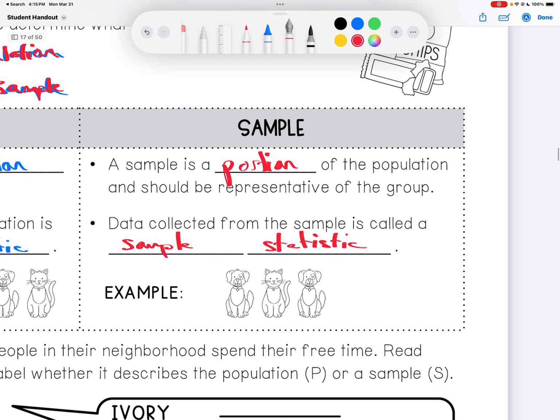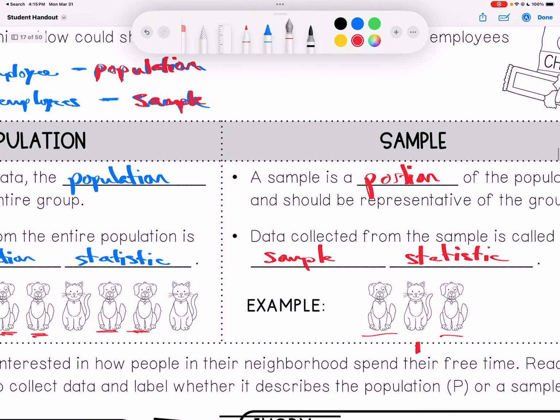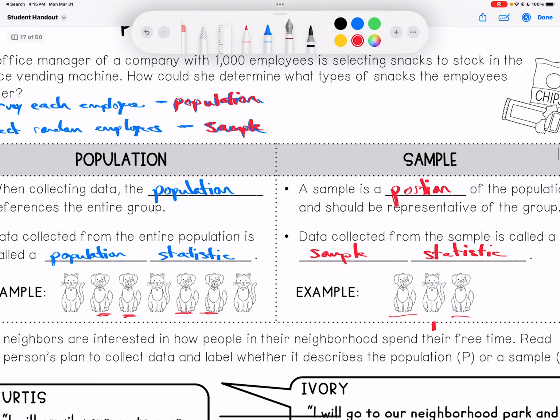An example would be 1 dog, 2 dogs, and 1 cat. Well, if you come over here and you get the entire population, there are actually 4 dogs and 3 cats. So it's not always exactly right. It's just a general.